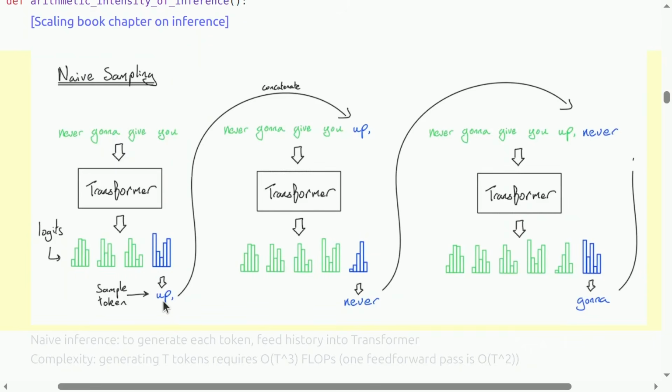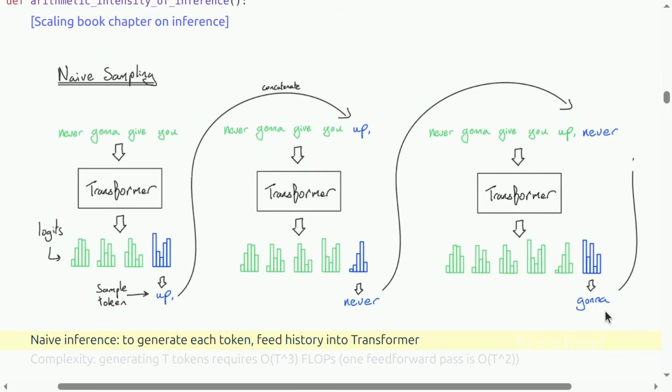You sample a token, that token gets concatenated with the prompt, and then you do this again. You generate "never", attach that to the prompt, and so on. This is the most naive thing: if you have a black box that takes a sequence and outputs a distribution over tokens, which is exactly what a transformer does, you can just apply it repeatedly.